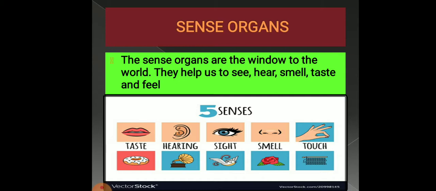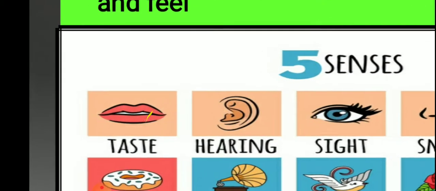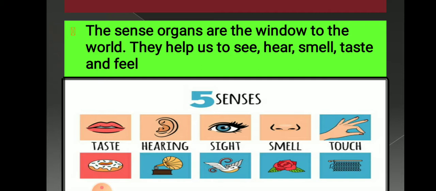Now, we have 5 sense organs as you know. The sense organs are the window to the world. We are able to do all the things because of the sense organs. They are very important. They help us to see, hear, smell, taste and feel. You can taste delicious food, yummy food with the help of your tongue.